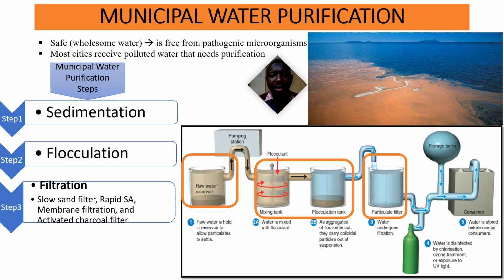So microorganisms that were not removed during the colloidal process are removed. Therefore, a large number of microbes are reduced by about 90% during this process. Now, this particular process is achieved in several ways.